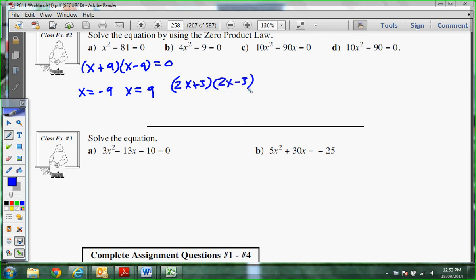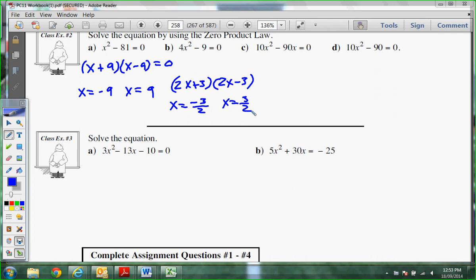Now this one takes a little bit of work because it's not an automatic plus or minus 3 because of the 2 in front. So for this one, I minus the 3, divide by 2. So the first one, minus 3, divide by 2, so negative 3 halves. The second one, add 3, divide by 2. Negative 3 halves, positive 3 halves.